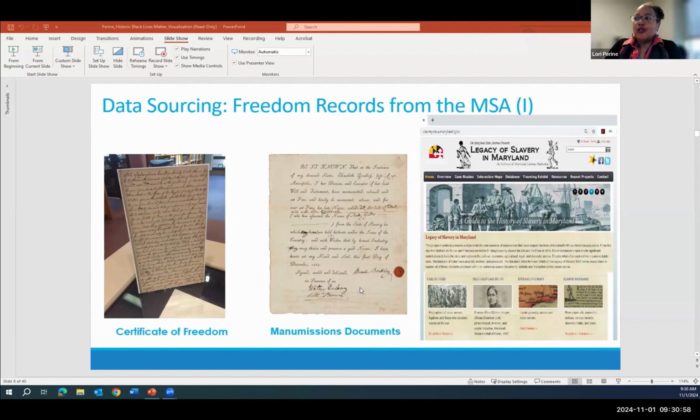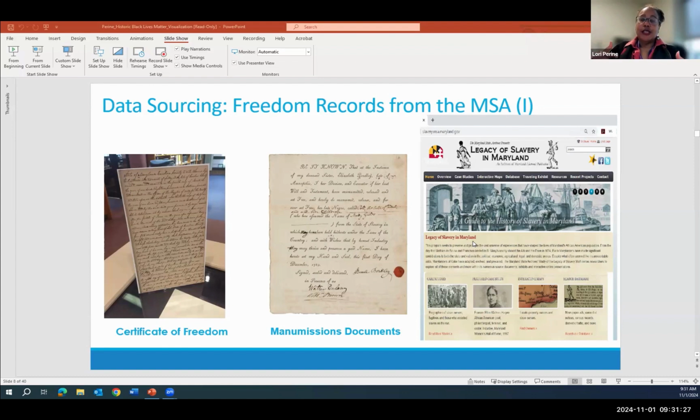One is a collection of certificates of freedom, and the other a collection of manumissions documents. All of those documents are accessible in individual form. If you search for a person or a place, you might be able to pull up digitized information or indices about those things through the Legacy of Slavery website.